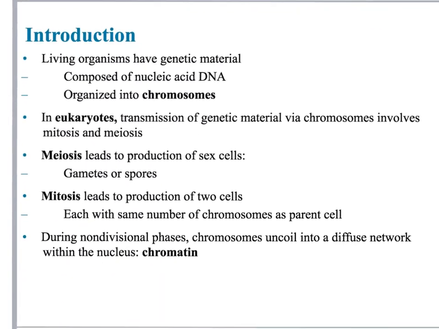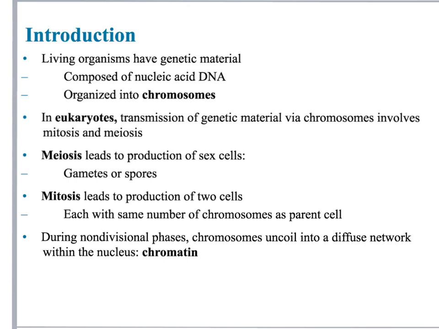Again, every living organism has genetic material, composed of nucleic acid, deoxyribonucleic acid, and organized on chromosomes. In eukaryotes, transmission of genetic material is through the chromosomes. The two processes by which the chromosomes are transmitted are mitosis and meiosis.